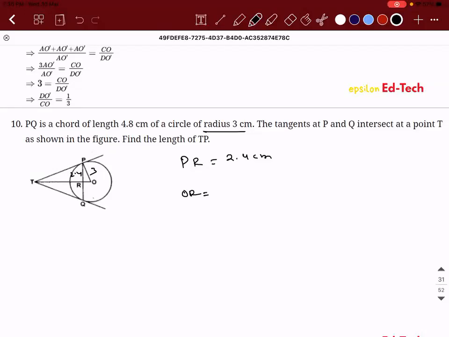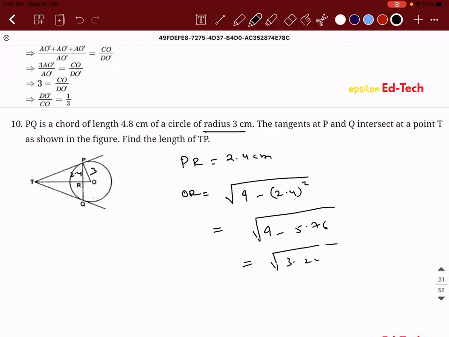OR is equal to root of 9 minus 2.4 the whole square. So how much is it? 9 minus 5.76. How much will we get? Square root of 3.24. So square root of 3.24 is how much? It is 1.8. So OR is 1.8 centimeter.